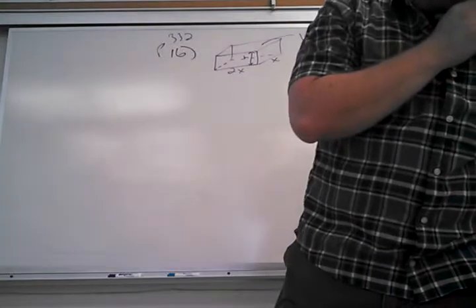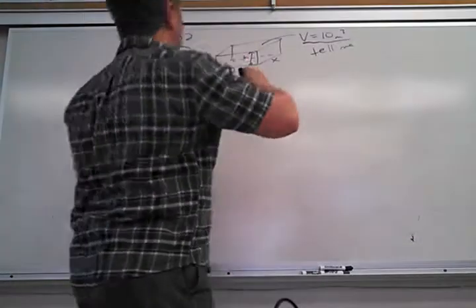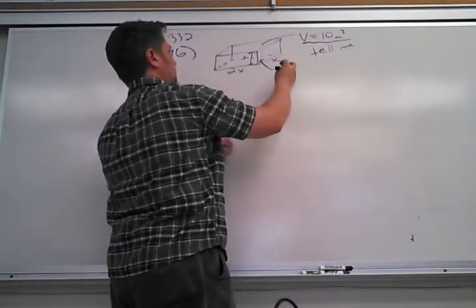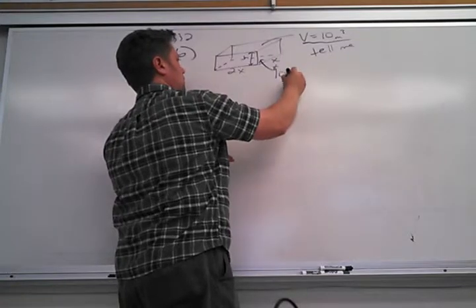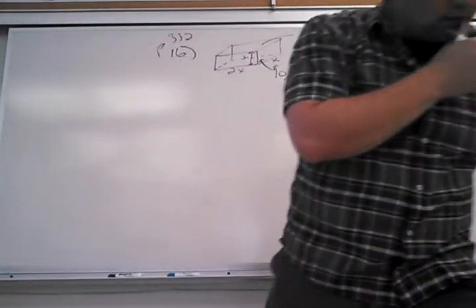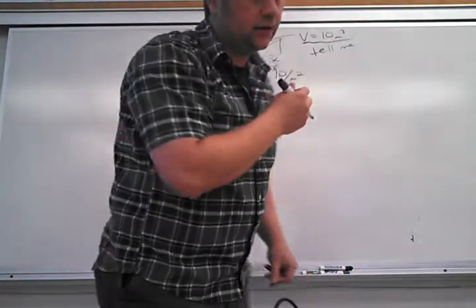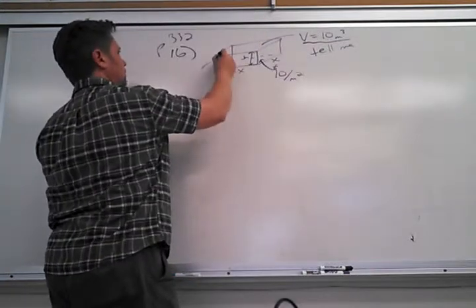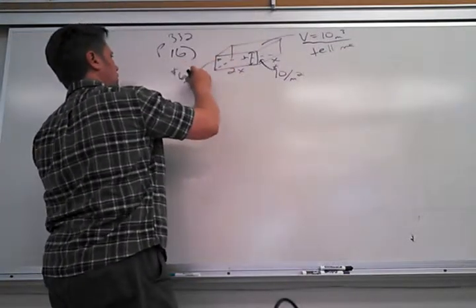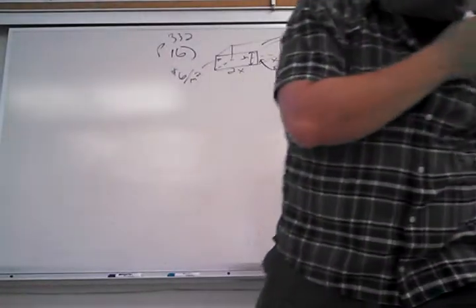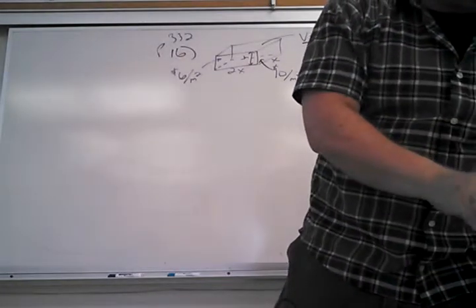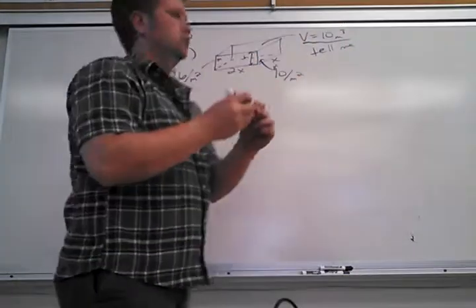Material for the base costs $10 per square meter. Material for the sides costs $6 per square meter. Find the cost of materials for the cheapest such container.